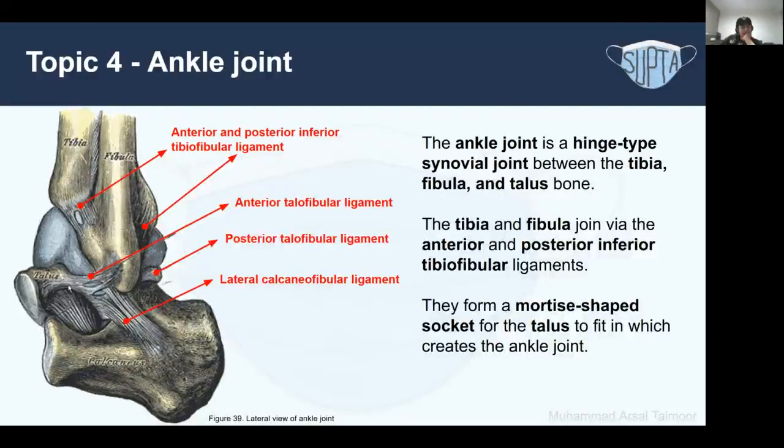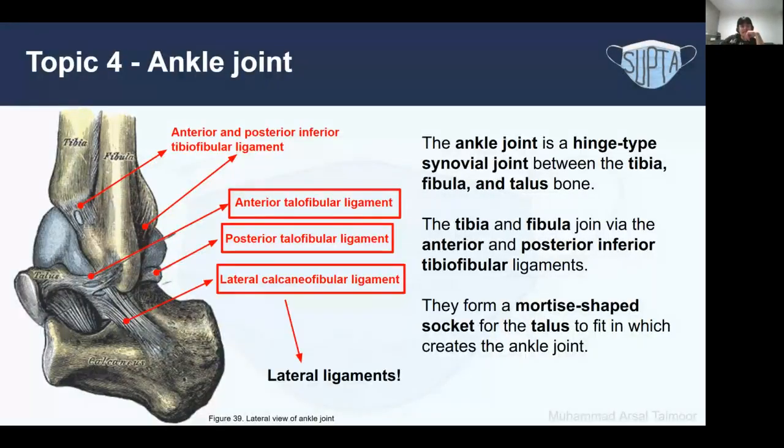You've got the posterior one obviously there, and then you've got the lateral calcaneofibular ligament. The main things to get from this are the anterior and posterior talofibular ligaments and the calcaneofibular ligament. That's all you should remember. That creates the ankle joint.